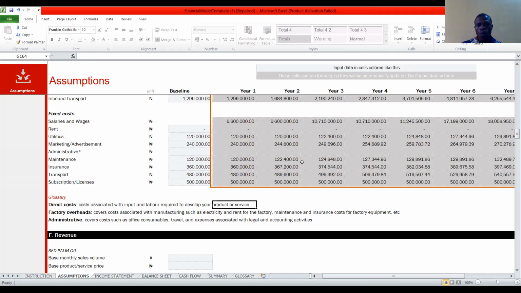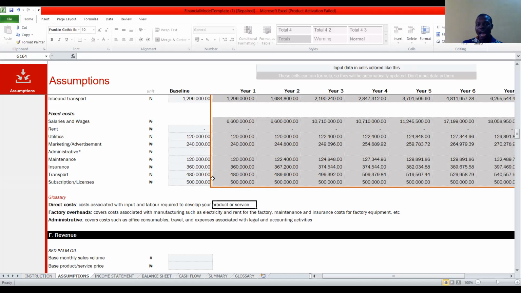So what we now need to do here is this. Take note of this. Based on the way this template was prepared, it means that he will be spending 500,000 naira per annum on this.